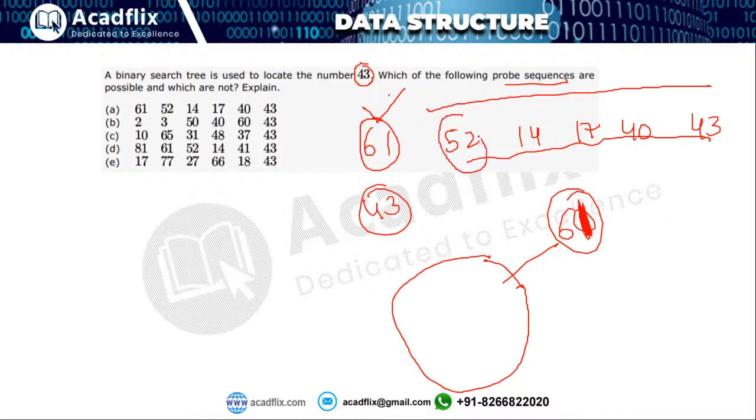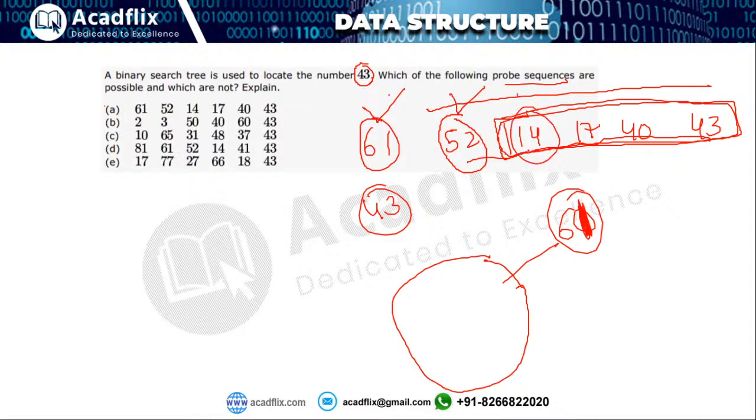Now because 43 is less than 52, all the nodes after this should be less than 52, which is the case. So this test is passed on this probe sequence also. Now I come across this node.